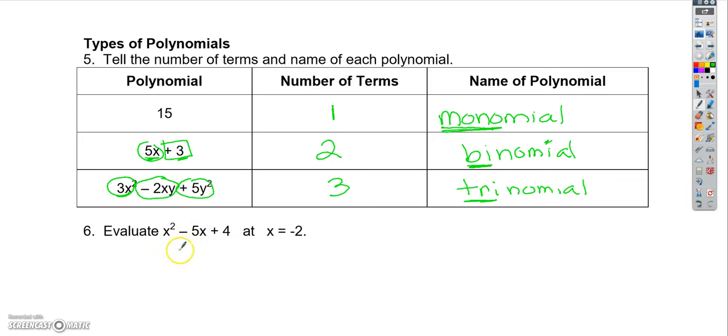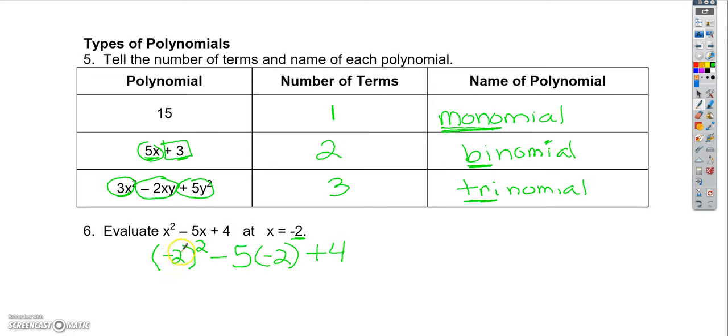This next one, we've done problems like this. We're just going to take -2 and put it in place of x. But we have to be careful. We put our parenthesis for our x and the squared goes outside. And then we're going to take -2 and put it inside here.